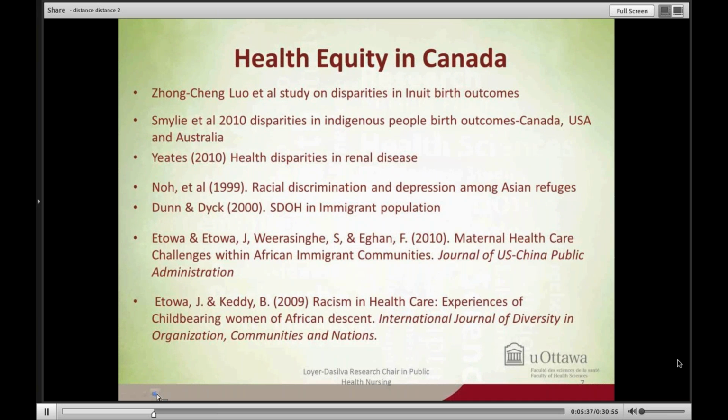We also have the study by Noh that looked at racial discrimination and depression among Asian refugees here in the Canadian context, and another one that looked at the social determinants of health in the immigrant population. I've done studies myself, including one that looked at maternal child health challenges within immigrant communities, which again talks about the impact of systemic barriers like racism.